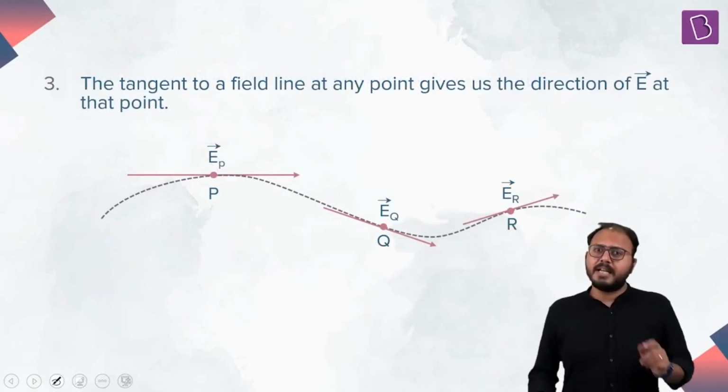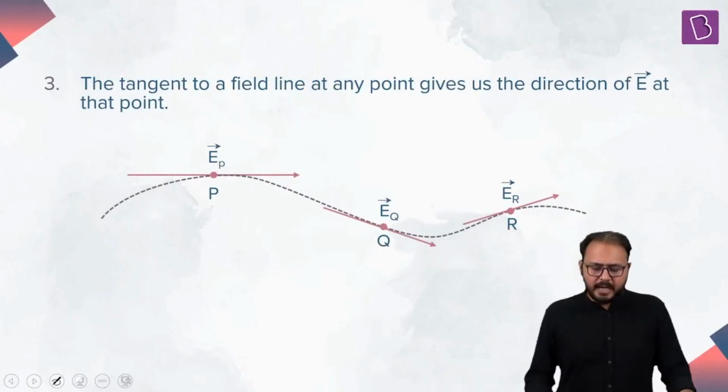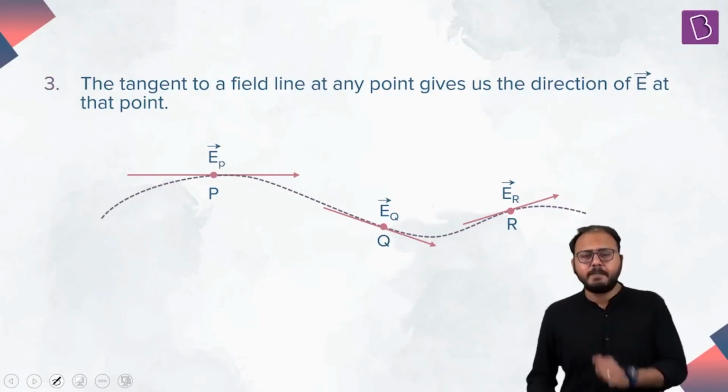Next one and a very, very important one. How do I figure out the direction of electric field if a field line is given to me? Well, the tangent to a field line at any point gives us the direction of E at that point.